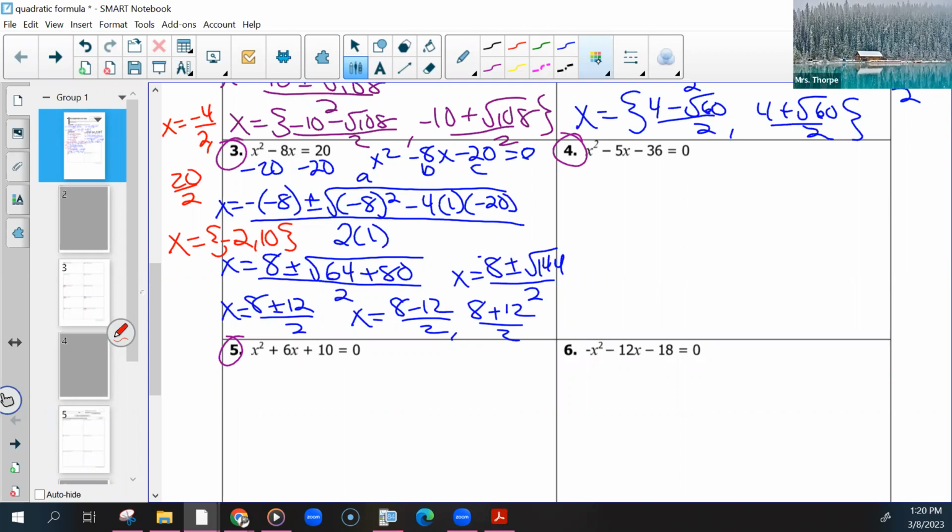Let's do 4. This one's already in the right format, so you can label A, B, C. Set it up. X equals -B plus or minus the square root of b squared minus 4 times a times c all over 2a.